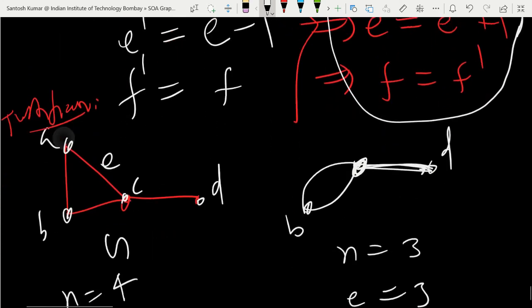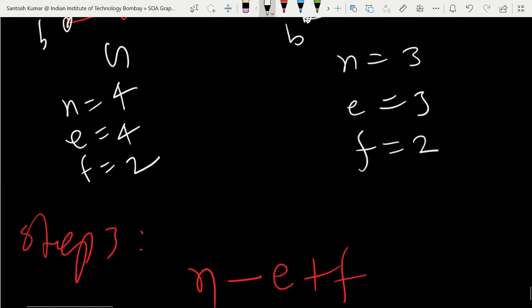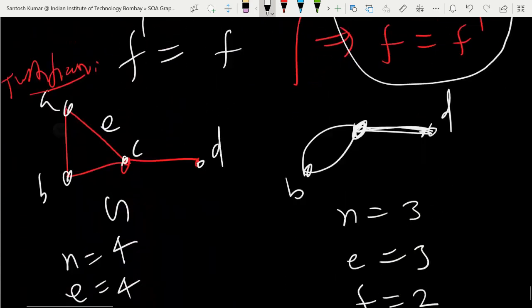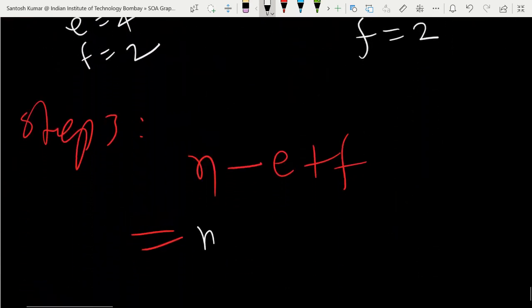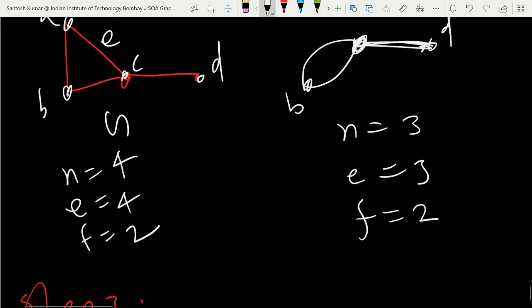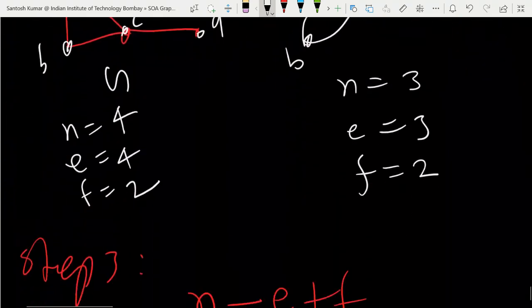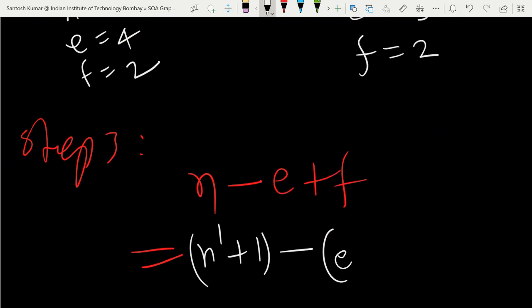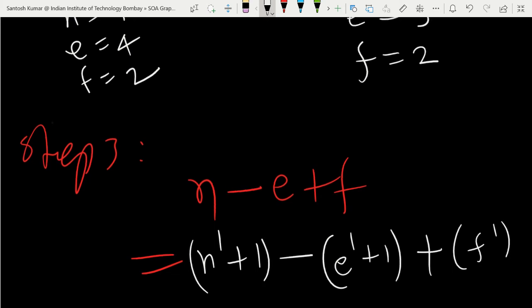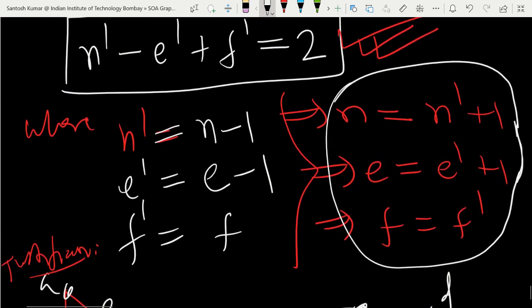So now what do you have? In place of n you can write n dash plus 1. So n dash plus 1 minus, in place of e you have e dash plus 1, in place of f you have f dash. So I use this.